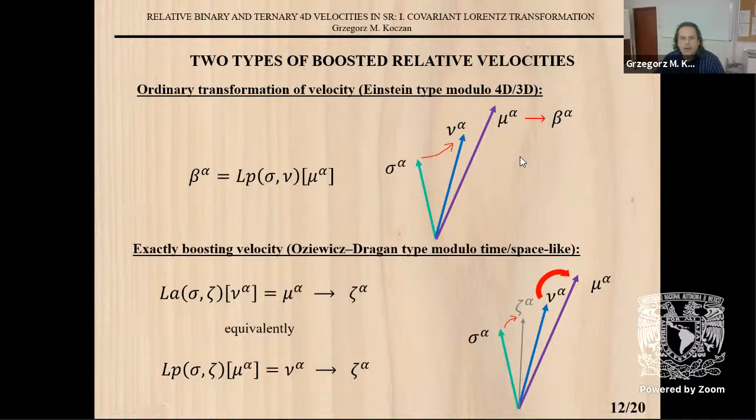It's the normal Lorentz transformation. But there exists a second scene of relative velocities, when we are looking for another reference frame, another velocity zeta, when the Lorentz boost from sigma to zeta leads to the transformation nu to mu. Yes, it's something more like an active definition.